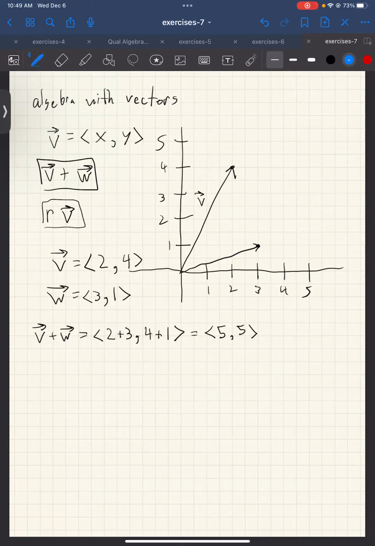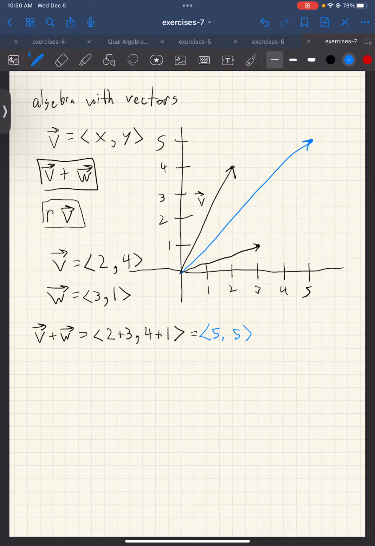So let me draw our vector 5, 5. Well, we go up 5 over 5. That is this point right here. Great.